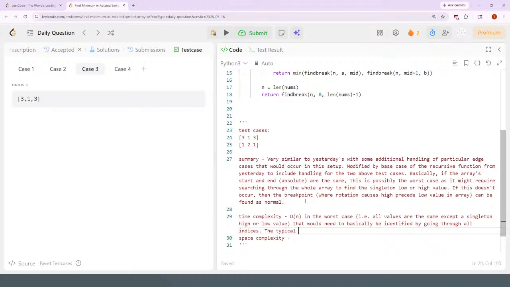In the typical case, where this doesn't occur, this will have the usual O of log n runtime, as it searches the array by halves.